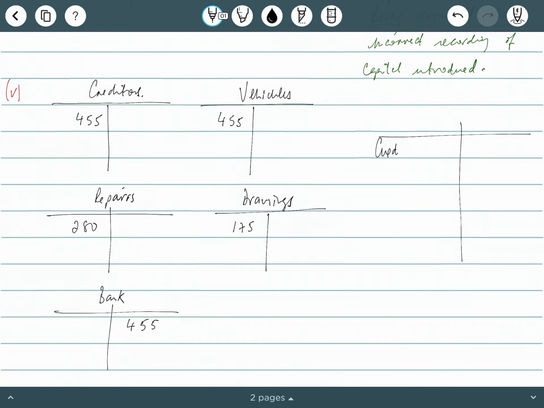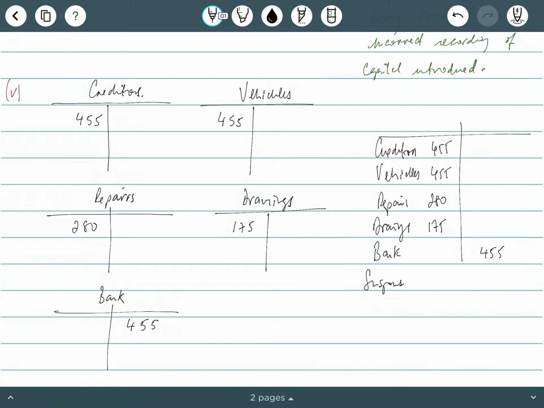Creditors is 455. Vehicles 455. Repairs is 280. Drawings 175, which means you have suspense, basically 455 by 3. Oh, hold on, sorry, I forgot the bank down the bottom there. You've also got bank, which is on the credit side, of 455.